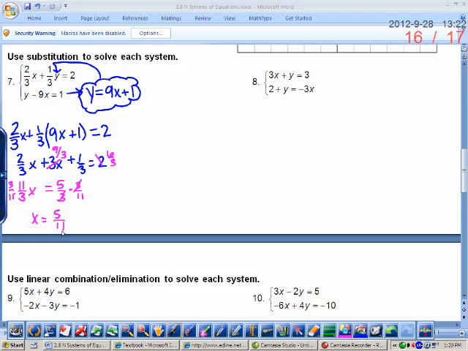We are not done. Why not? Yeah, now we have to plug back in and solve for y. All right, so I'm going to come up here. Y is equal to 9x plus 1. So this is 9 times 5/11 plus 1. 9 times 5/11 is?